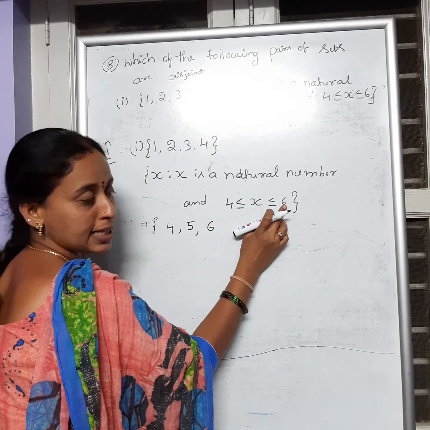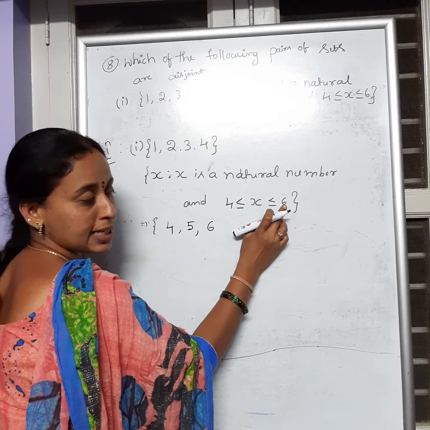When we intersect two sets and get the null set, only then are the sets disjoint. But here we didn't get any null set. Therefore the given pair of sets are not disjoint sets.